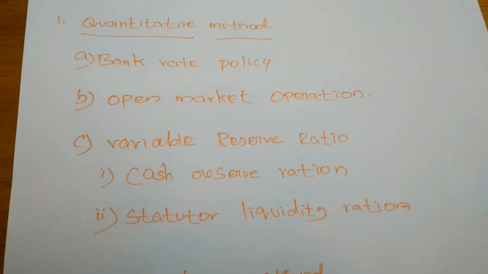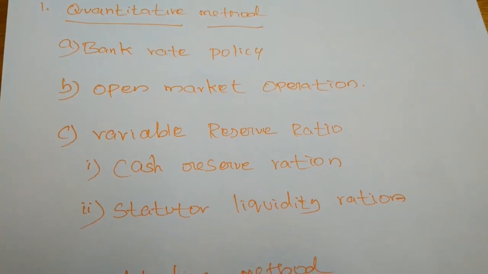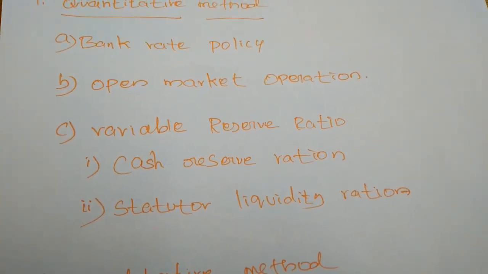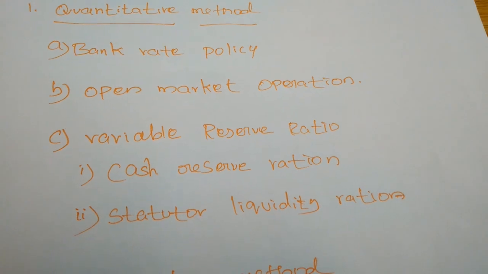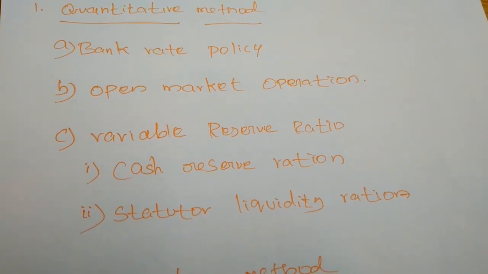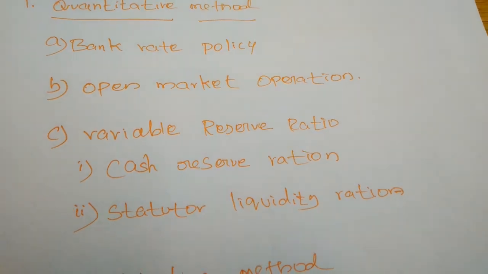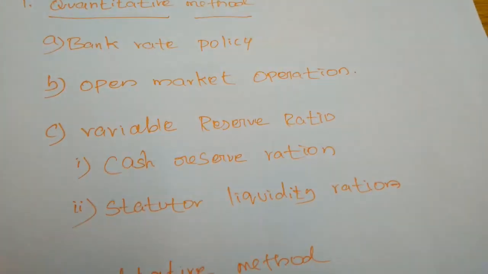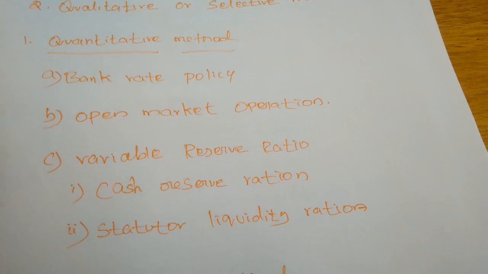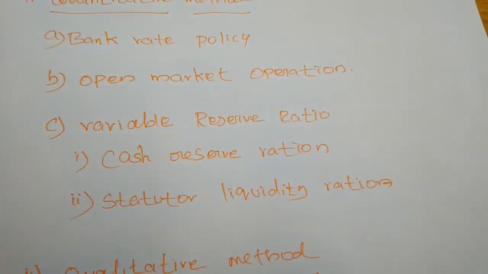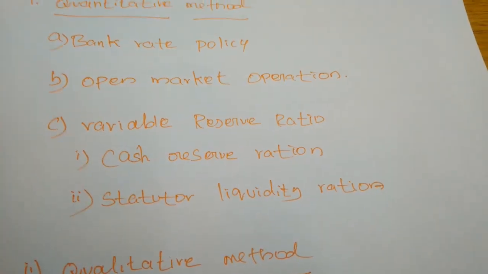So by these three quantitative methods, the bank rate policy, open market operation, and the variable reserve ratio, the Reserve Bank of India can control the credit in the economy.